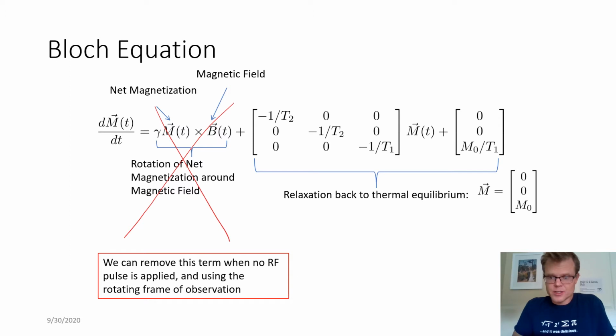And in fact, this is a much simpler differential equation, where the change in net magnetization over time is proportional to the net magnetization multiplied by these relaxation terms, as well as the term that's going to account for the return to equilibrium.